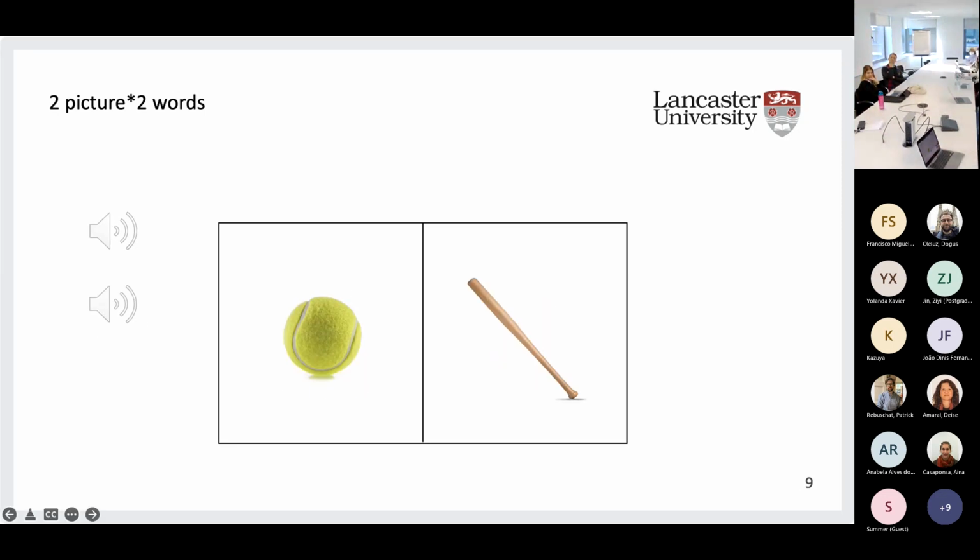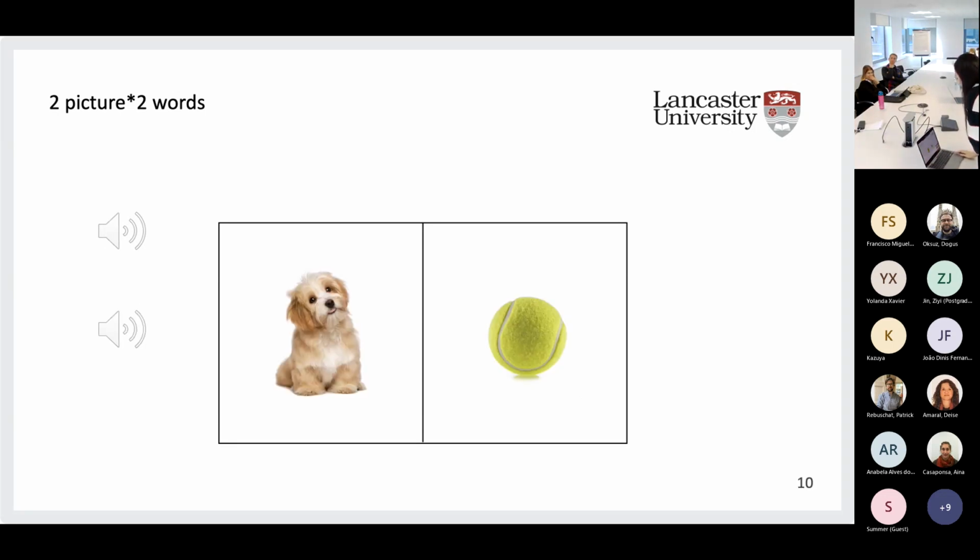Okay. So you see the two pictures and you hear two words, 球棒. You don't know which one means which. They're played in random order, so you don't get it. It's ambiguous. And if you get another trial, in this situation, you see another two pictures, and you hear another two words, 狗, 球.